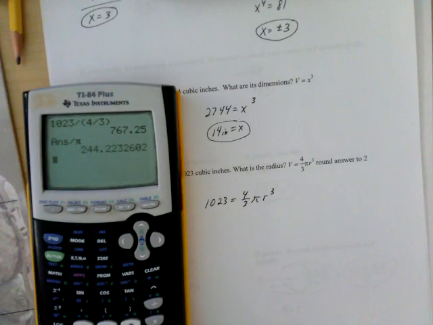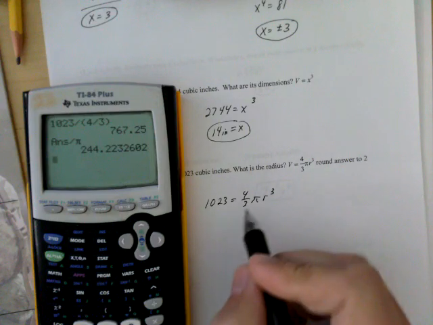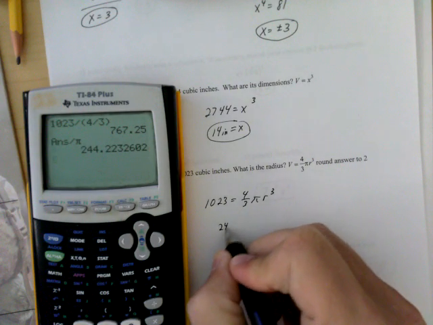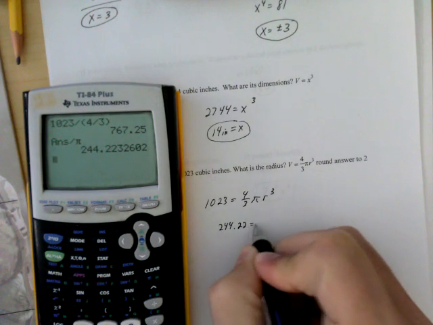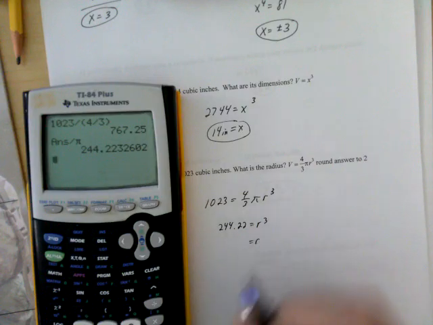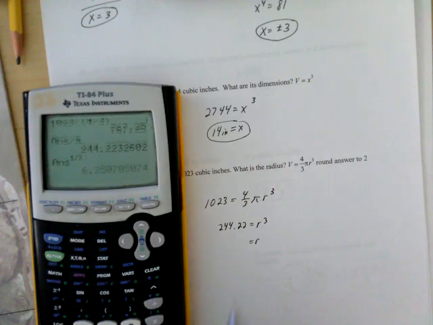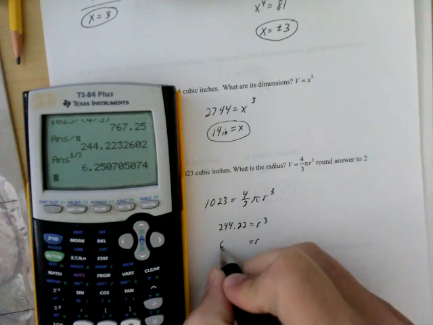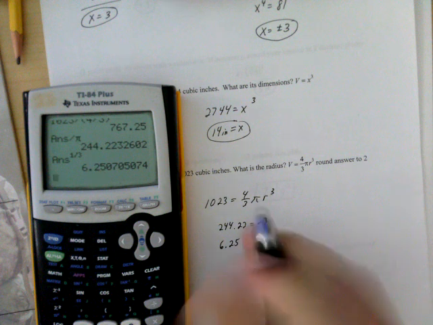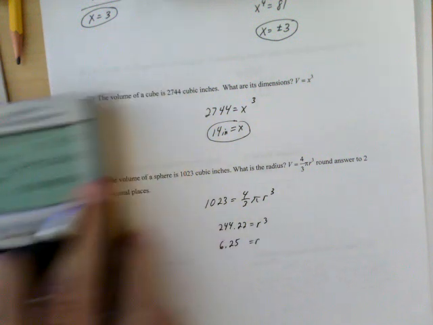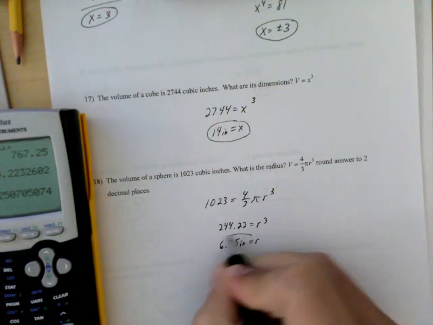Here's dividing by pi, and then that's what, I'll write this, 244.22 equals r cubed, and then your last move is to raise that answer to the 1/3. So we get about 6.25, and once again, it's inches.